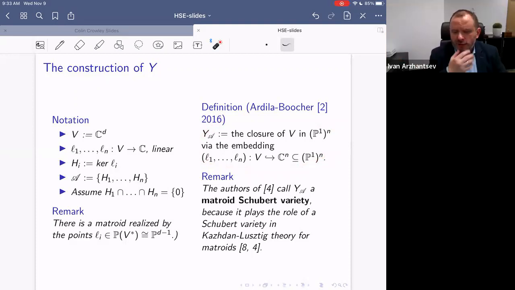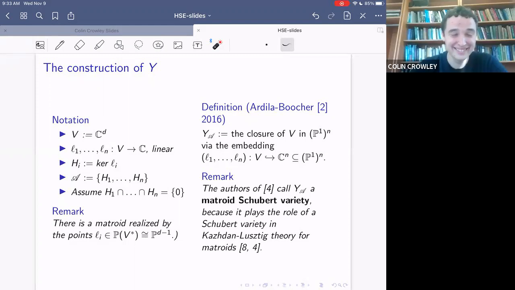At least emotionally, it is somehow unnatural to consider C^n as an open subset inside of the product of lines. Usually this is an open subset in P^n. And in this case, some effort is needed to imagine this. But formally it's clear. Yeah, exactly. The intuition that I can offer for why this is what you want to do in this case is that if I took the closure of a vector space in P^n, it would be isomorphic.